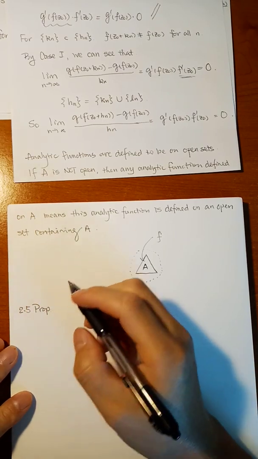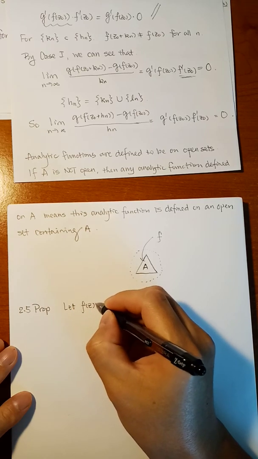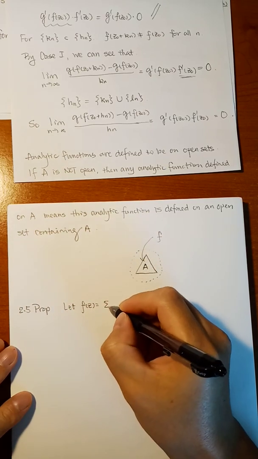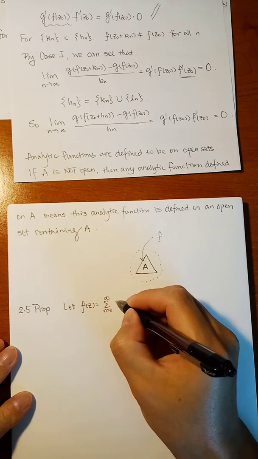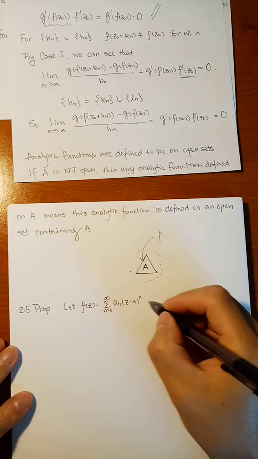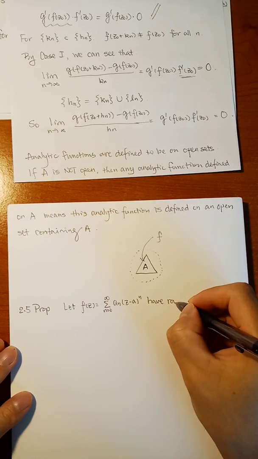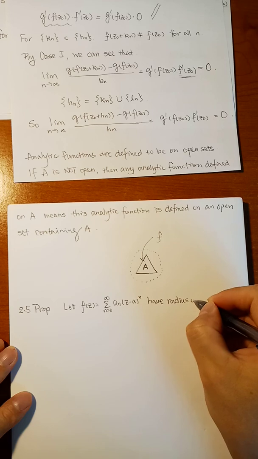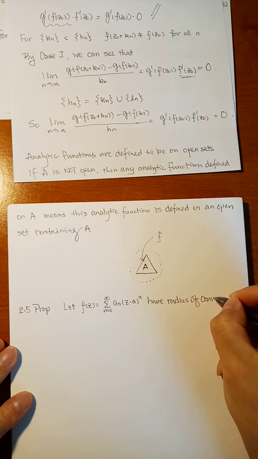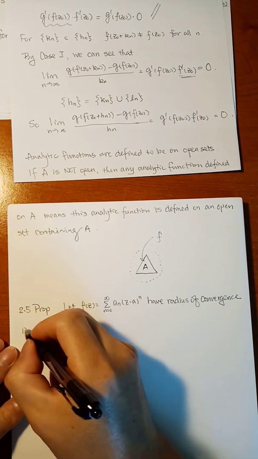So, Proposition 2.5. Let f of z be the sum from n equals 0 to infinity of a sub n times (z minus a) to the nth power, and have radius of convergence R greater than 0.